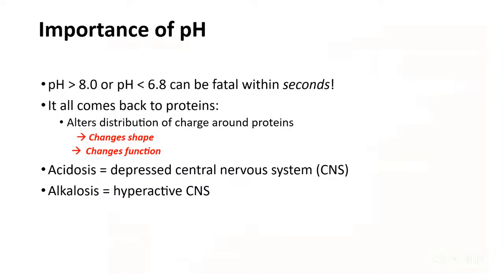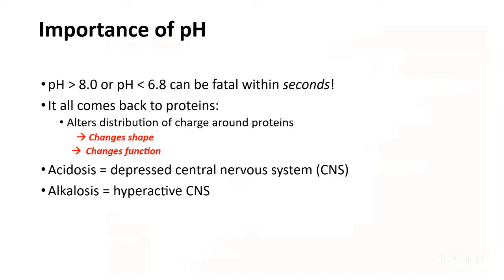And they're folding based on their R groups, of which we have many types, but they're interacting with each other, right? So if you change the charges around them, they're going to fold differently because they're going to interact differently with those charges. When we have a protein that's misshapen, it can't do its job, whether it's a receptor for something, whether it's a channel, whether it's a transporter, whether it's an enzyme. We have problems if our proteins are misshapen.